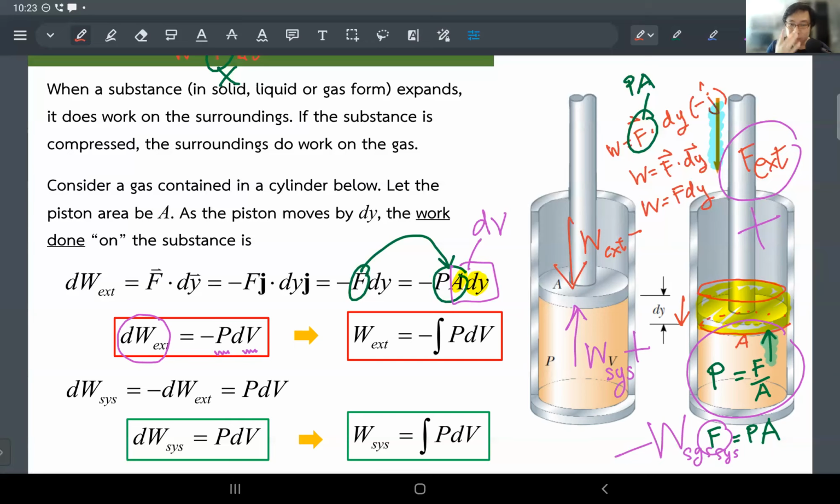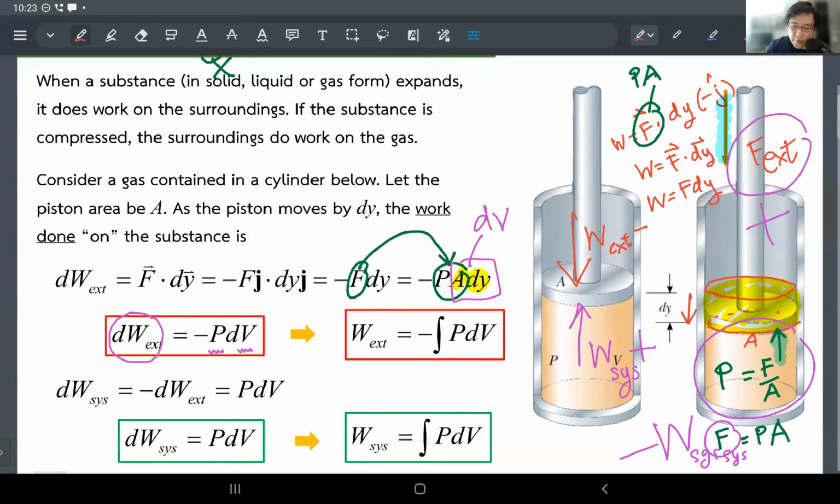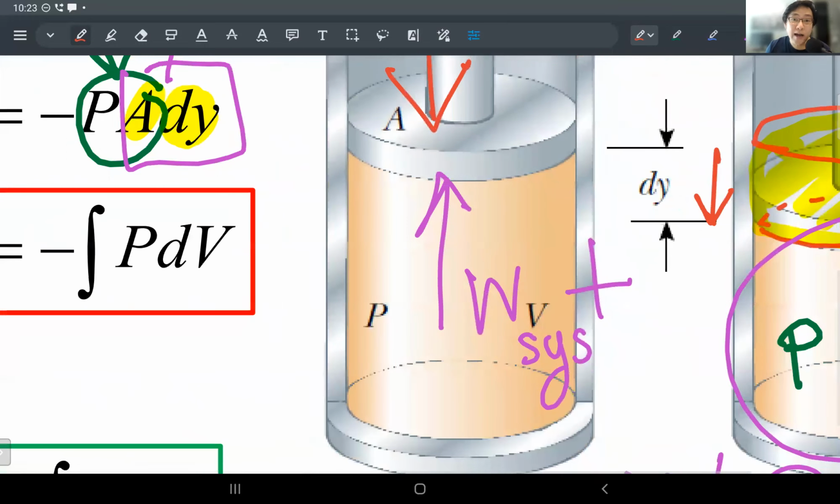Now, when you look at this, you might say, well, Ajahn, we're going to care more about the system at this point. So if we stick with our system, whenever the system is expanding, the gas is expanding, the system is doing positive work. You guys with me?